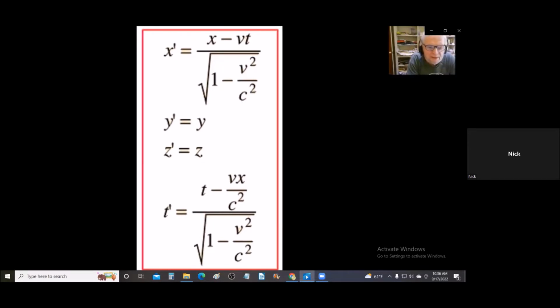Now the Vx divided by c squared term doesn't make any physical sense in special relativity. It's just a carryover from Lorentz. Also, even in Lorentz theory, if the clocks are synchronized in the single preferred frame, all the clocks, both in the stationary and the moving frame, then that term is no longer needed.